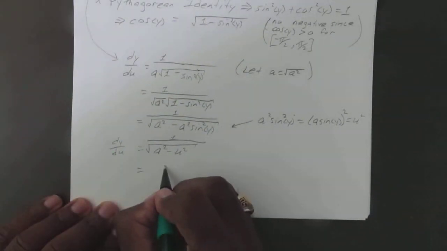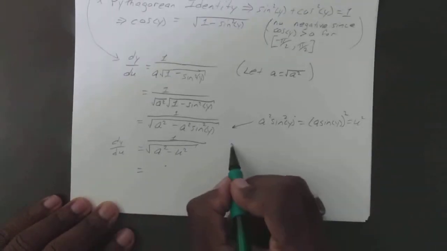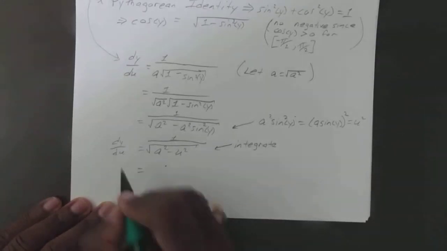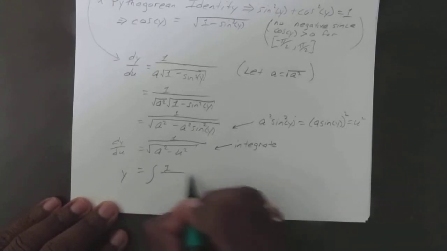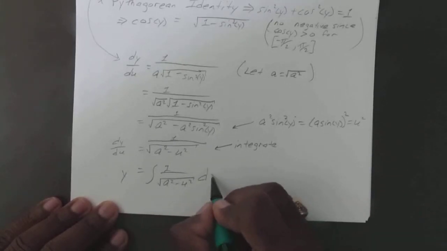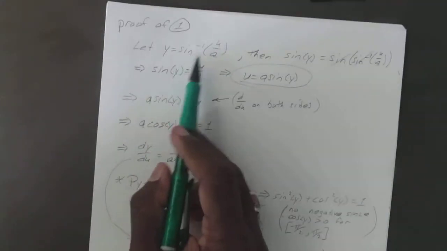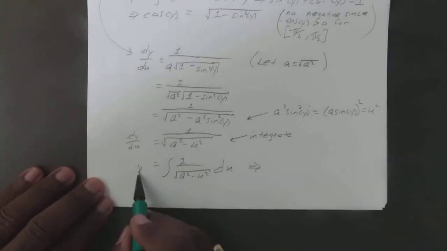All right, so let me slide this up. If we integrate both sides with respect to u, we end up with y is equal to the integral of 1 over square root of a squared minus u squared with respect to u. Okay. So we already know that our y is sine inverse of u over a.